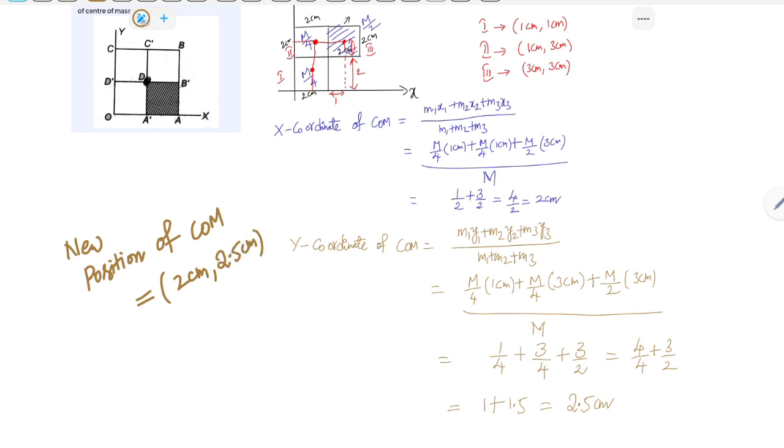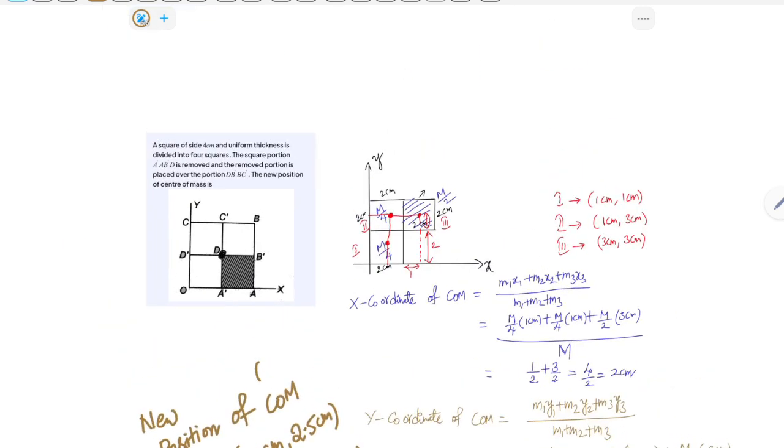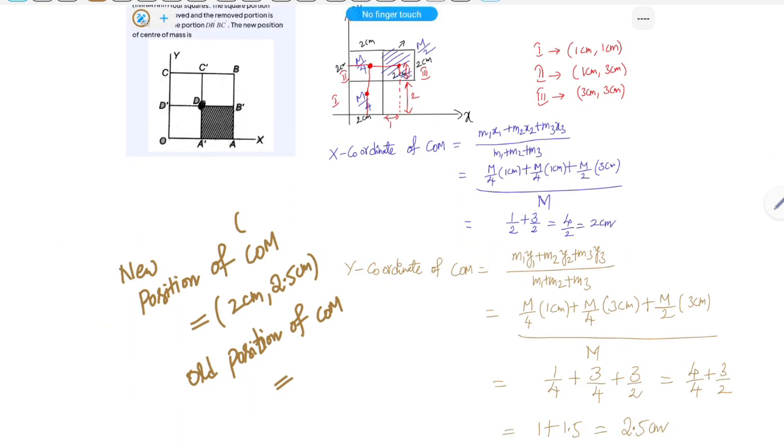If you do not remove the plate and keep it as it is, the old position of center of mass is actually at the geometric center. So old position of center of mass is 2 centimeters, comma 2 centimeters. If you observe this new position, its x coordinate is 2 but y coordinate is 2.5.